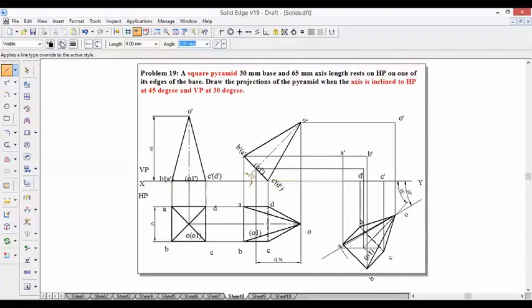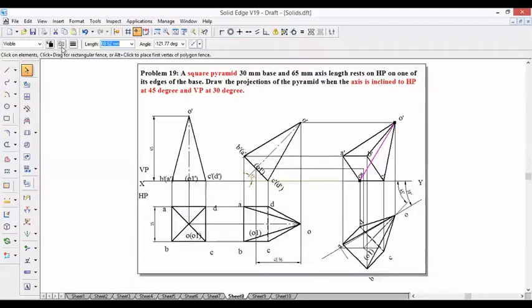Since the base is nearer to the observer, the base is going to be visible: A, B, C, D, back to A. Then the outermost edges of the solid are going to be visible, whereas OD is going to be invisible. O dash D dash is an invisible edge, represented by a dashed line.